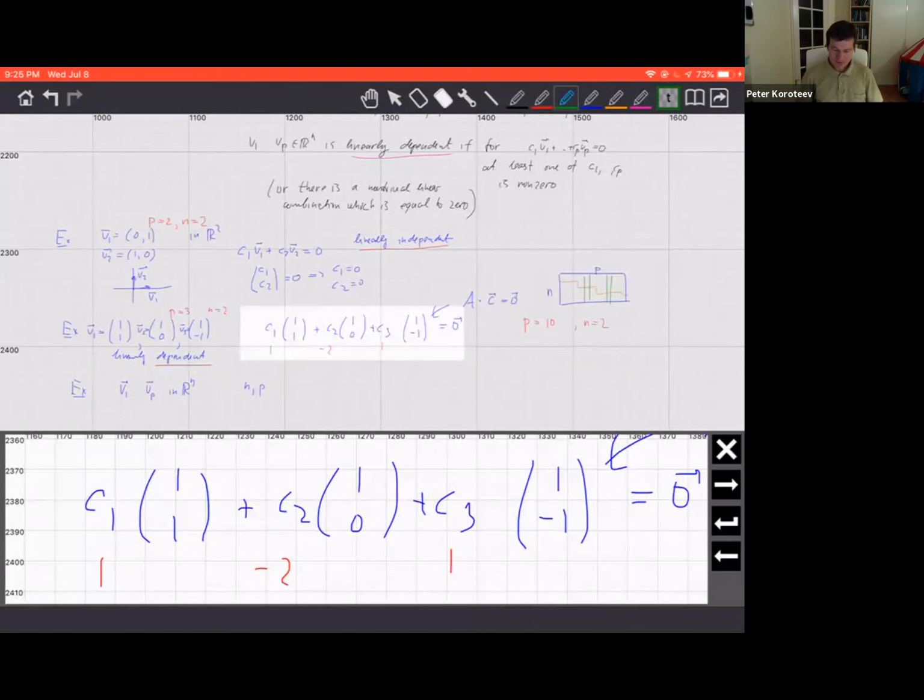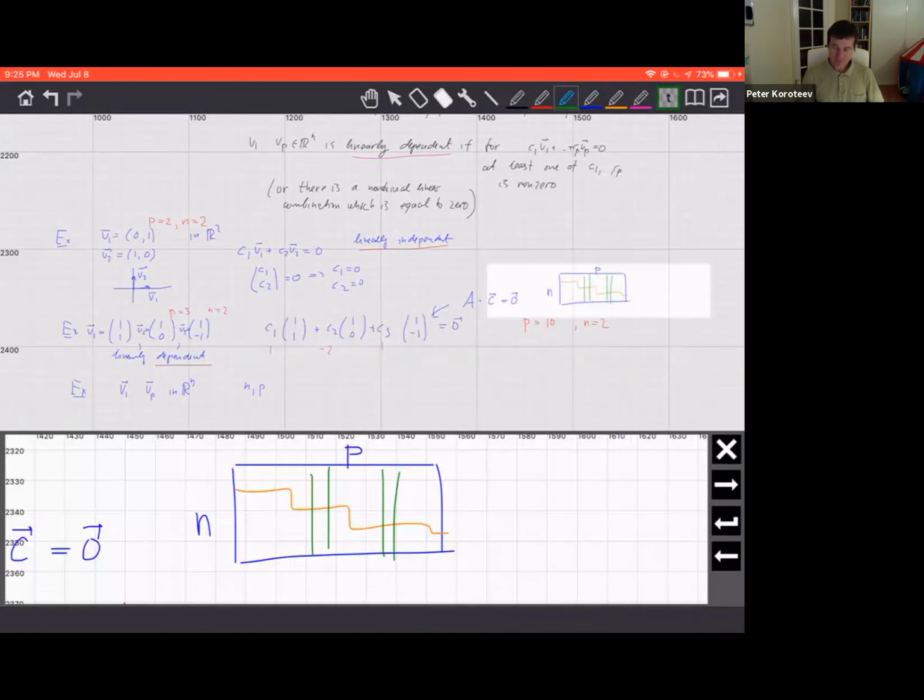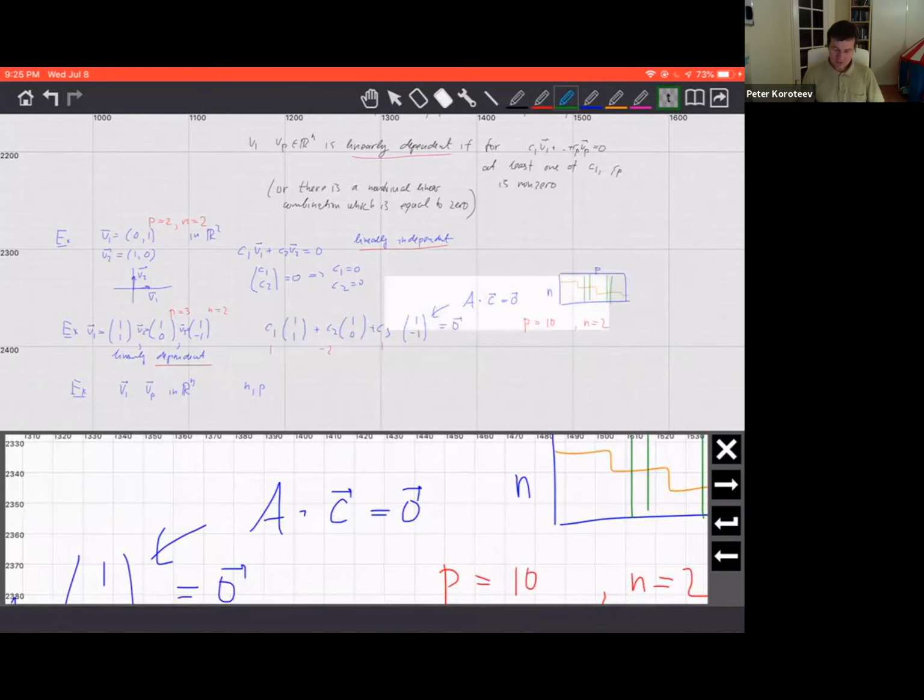In other words, if p is bigger than n, then we may find the space of solutions, which in this different language corresponds to the fact that the vectors are linearly dependent.